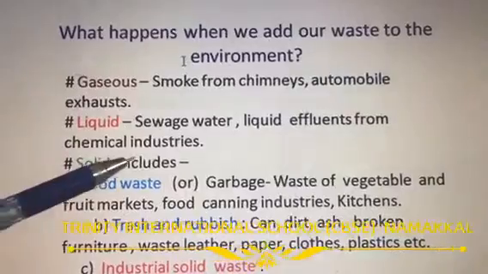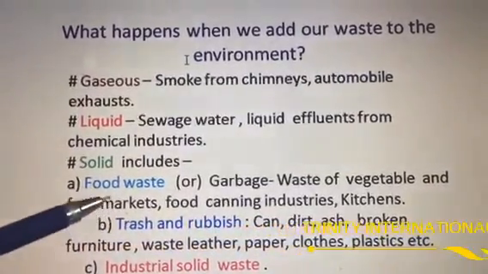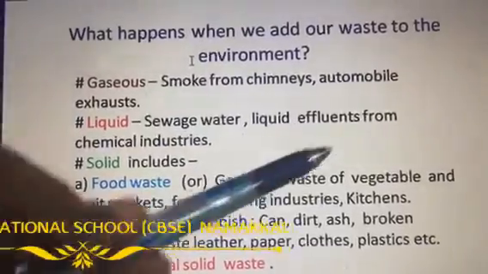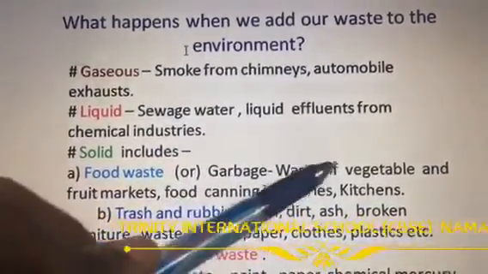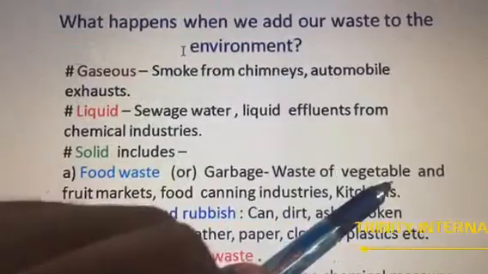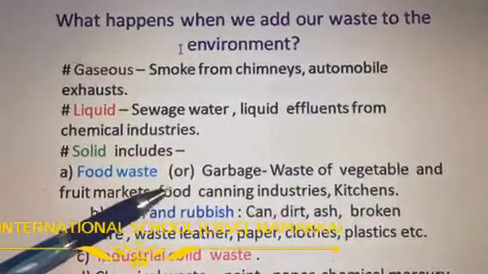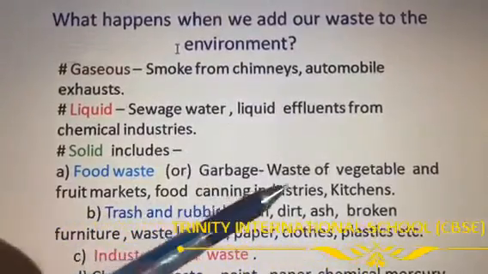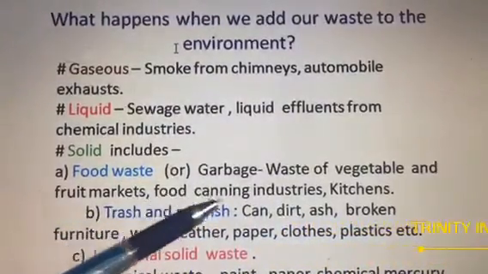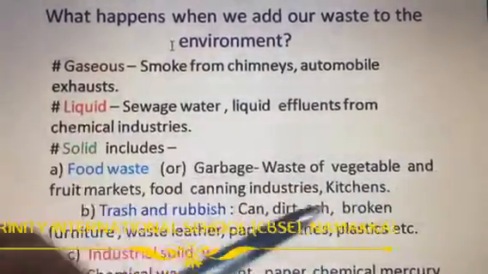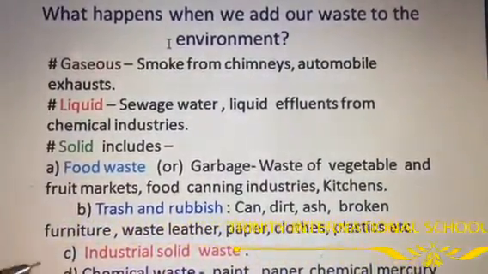Next, solid waste. Solid waste includes, first, food waste or garbage. What is food waste or garbage? Waste of vegetable and fruit markets, food canning industry, and kitchens. These wastes are called food waste.